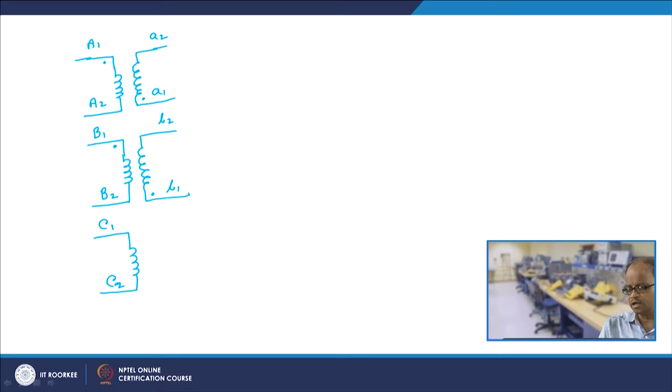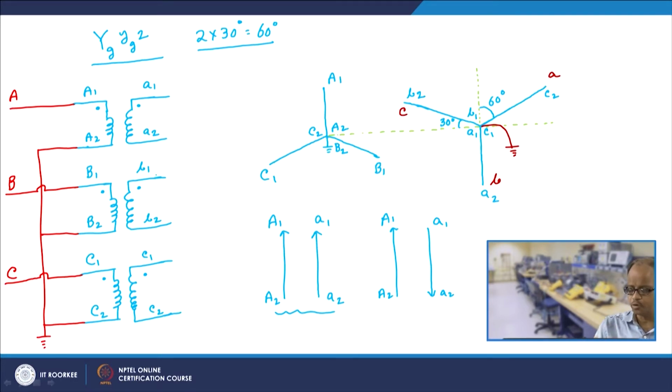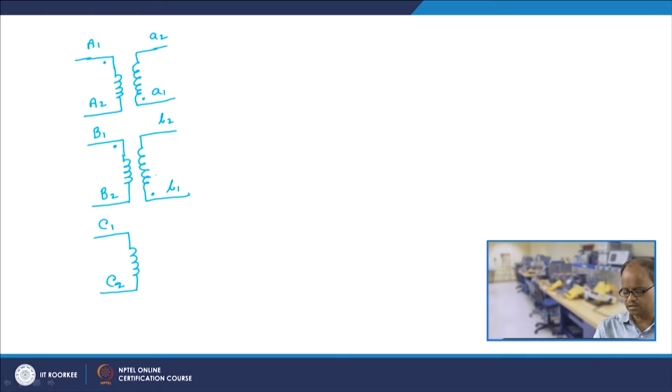Please note that these dots are still at capital B1 and small b1 terminals as before. So we have not changed these dot points. What we have done is simply put this winding in a reverse fashion, nothing else. So we have C2, C1, and this dot is here and this dot is here. Again we make this connection.